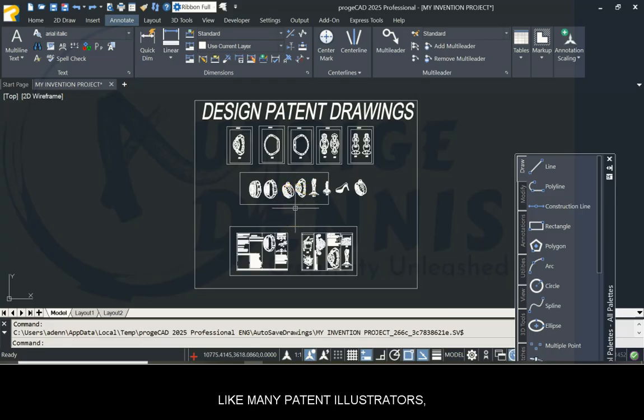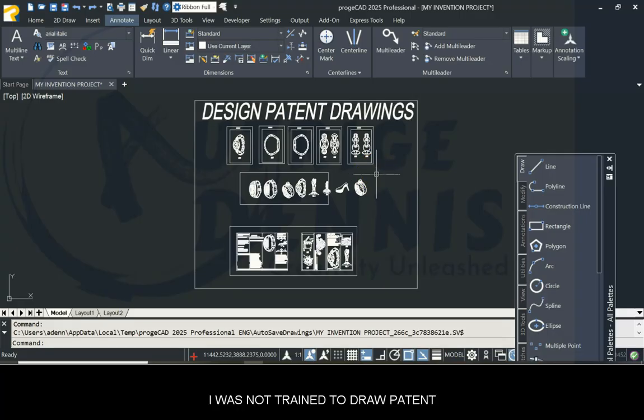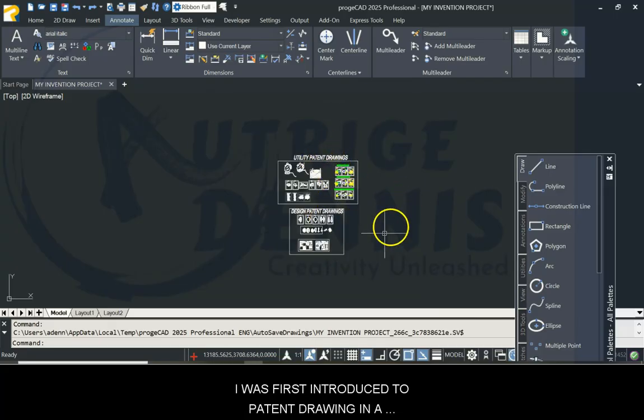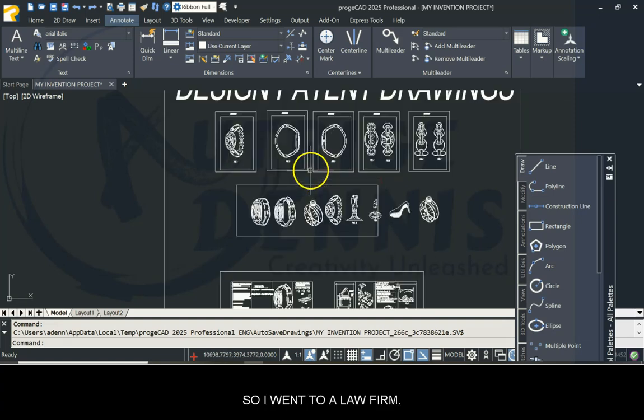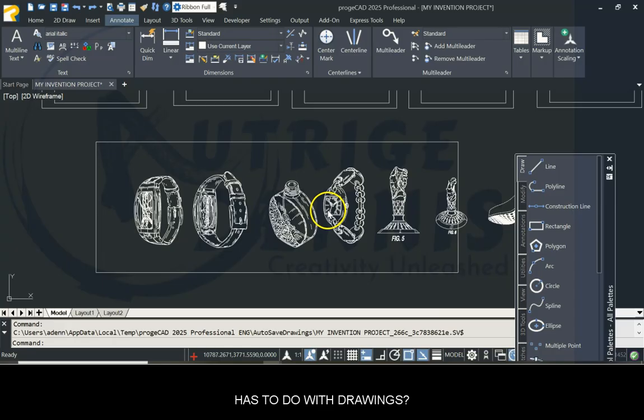Like many patent illustrators, I was originally trained with the use of AutoCAD to draw houses, architectural drawings. I was not trained to draw patents. I was first introduced to patent drawing in a patent law firm. So I went to a law firm. I was like, what does a law firm have to do with drawings?